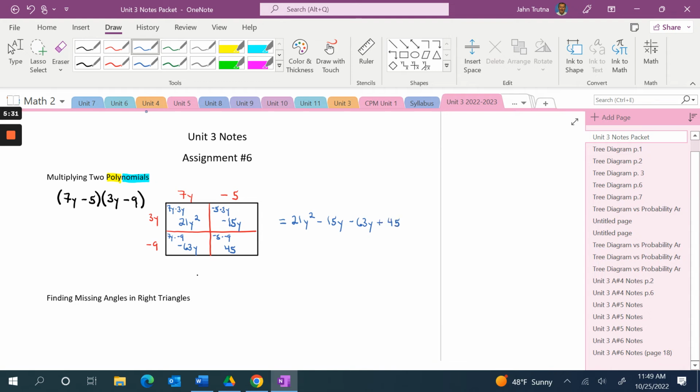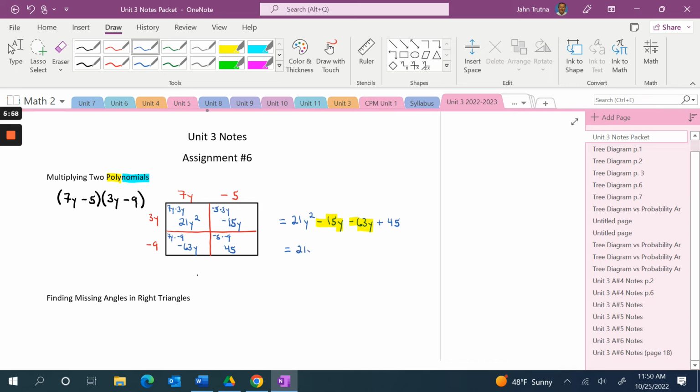I'm writing the expression that would be all four of each individual area's rectangle combined together. And this would be my answer if there was nothing that I can combine. However, the negative 15y is a like term with the negative 63y. So what you would do is you would combine those two terms together.